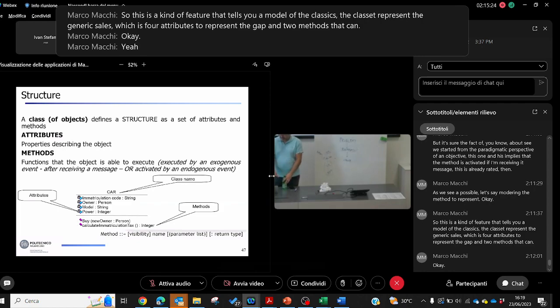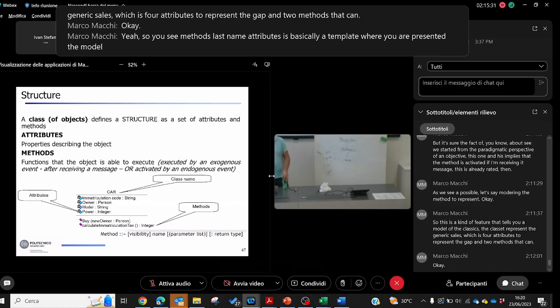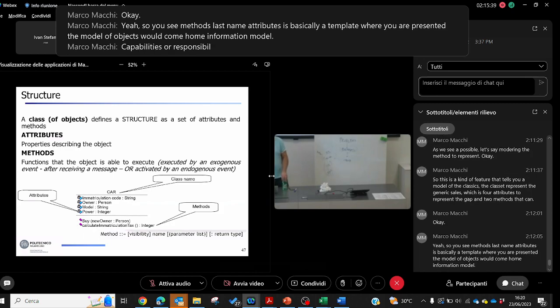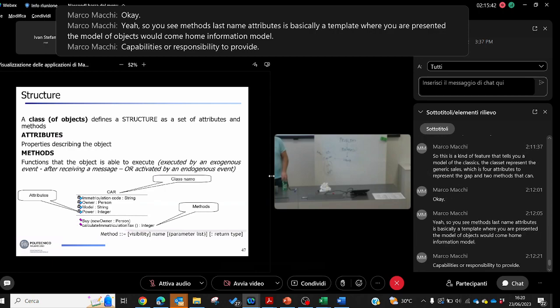So you see, methods, class name, attributes: it is basically a template where you represent the model of objects with a common information model and common capabilities or responsibilities to provide services. Okay?